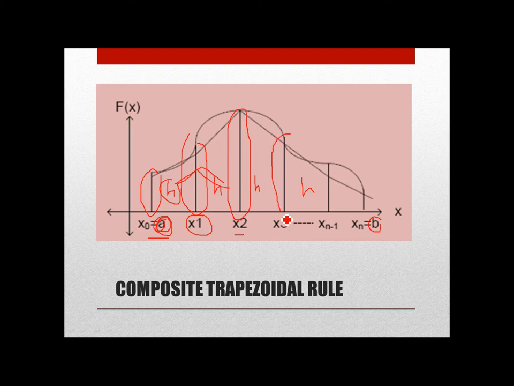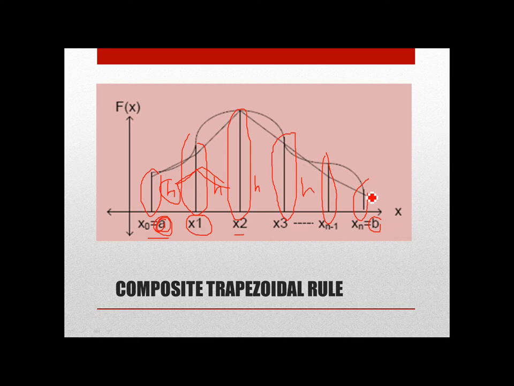Stripes refers to the lines. So, how many lines are there? In this case, there are 6. That means your n is 6. So, b minus a divided by 6, that would be the value of your h.